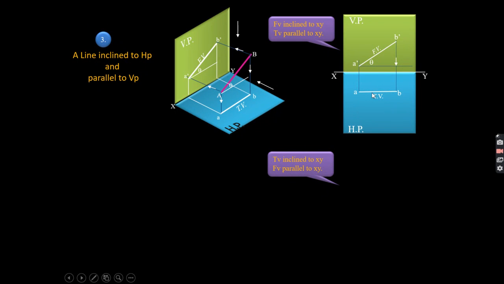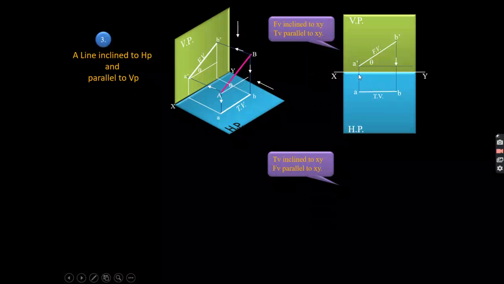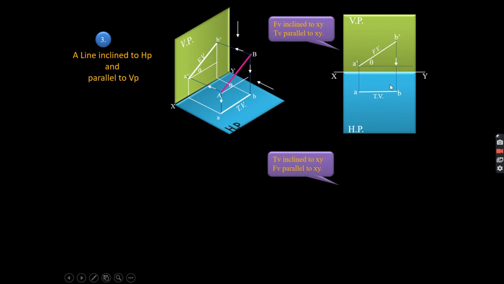You don't have to measure this length, because A dash and A will be on the same projector, and B dash and B will be on the same projector. I will draw the projectors from both points, and if the distance of the point from the vertical plane is given as 30 mm, then this distance will be 30 mm. This is how you will get the top view of the line AB.